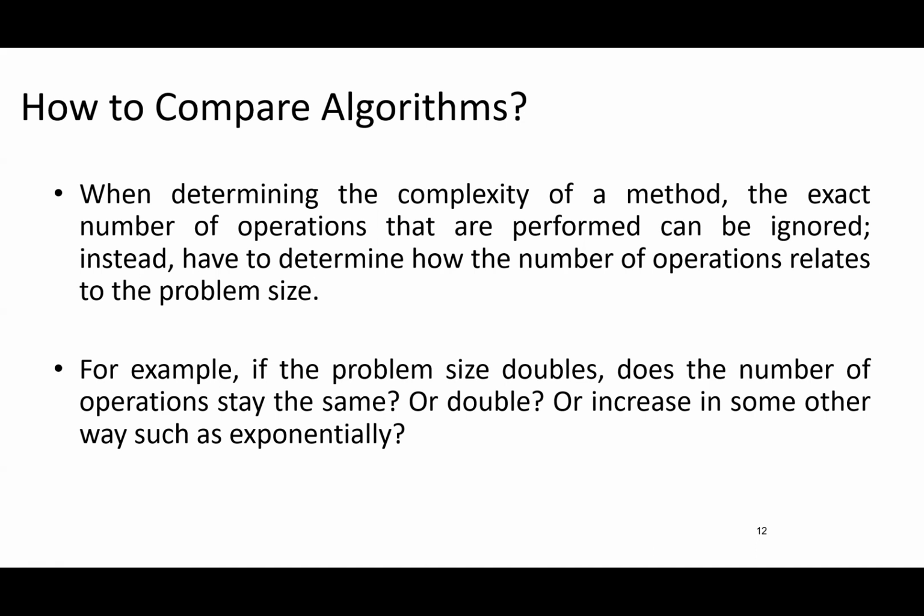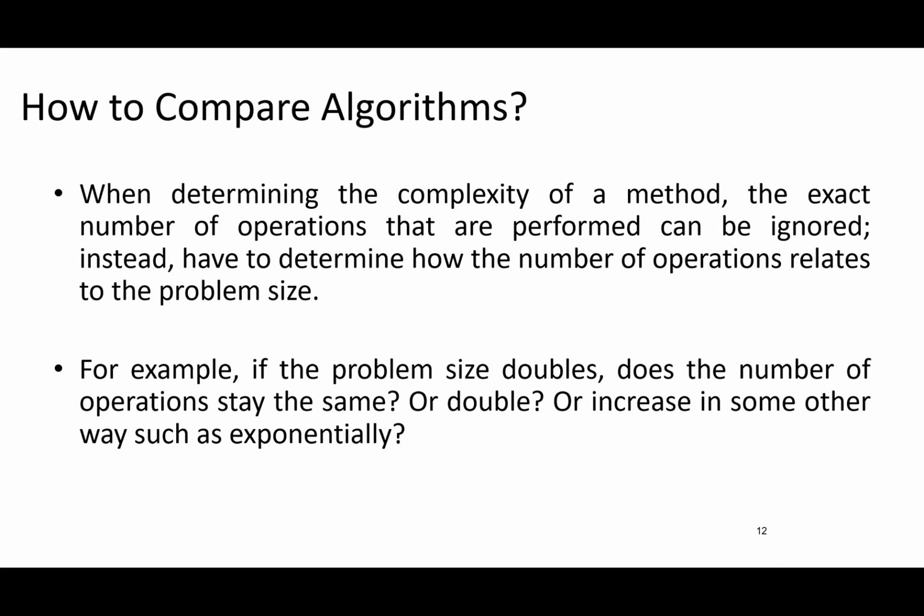For example, let's say initially I process, let's say, sorting. I use sorting method number 1. When my data size is 10, I only need to sort 10 elements in the array, and this is the time that it takes using sorting method number 1. Now, what if I increase my data size or the array size to 20? How much time do I need if I still use sorting method number 1?